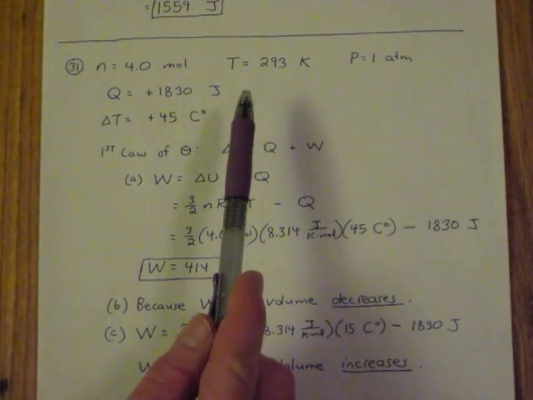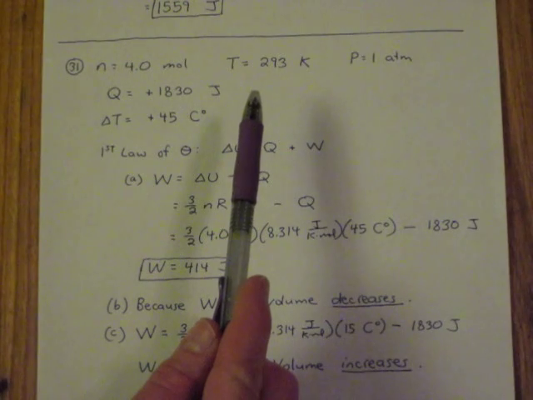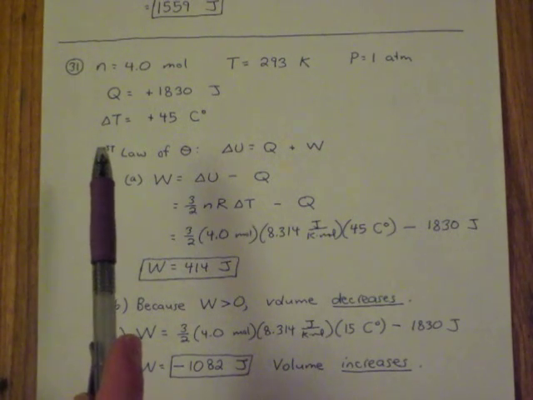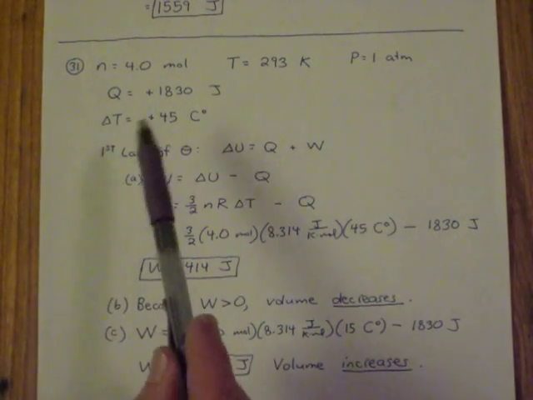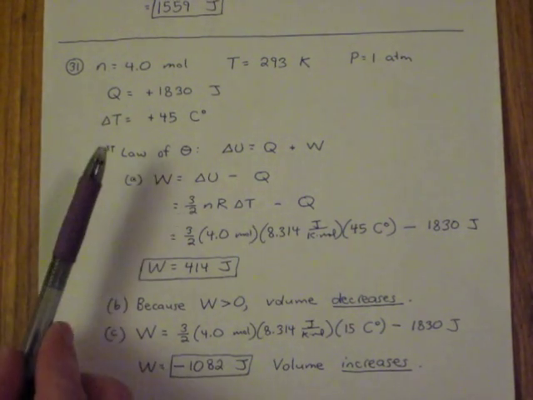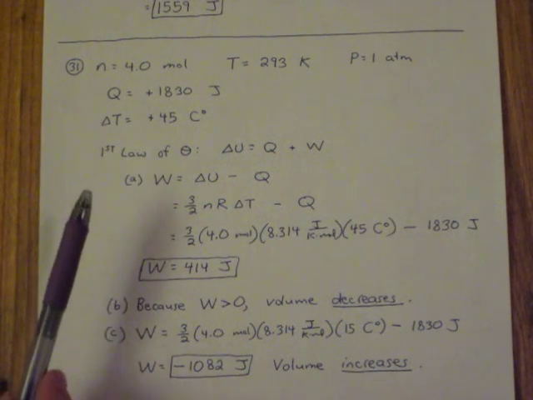Temperature is 293 Kelvin at 1 atmosphere pressure. And it says that it absorbs 1830 joules of heat, so Q equals plus 1830 joules. Change in temperature is plus 45 Celsius degrees.